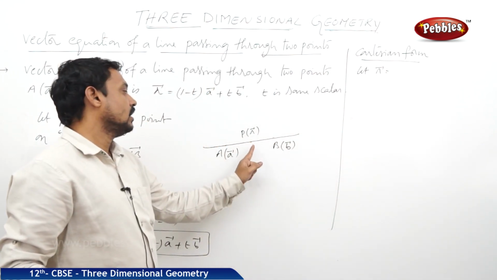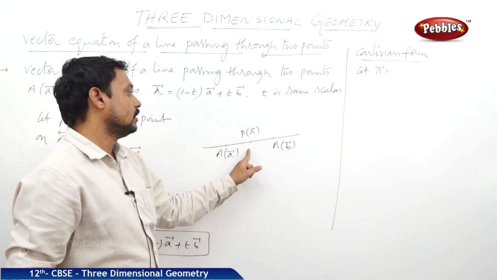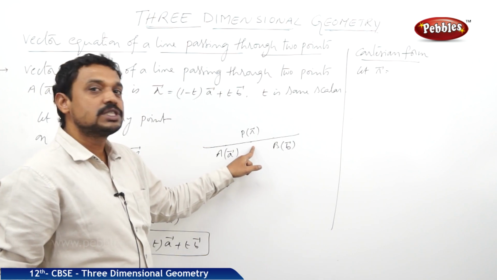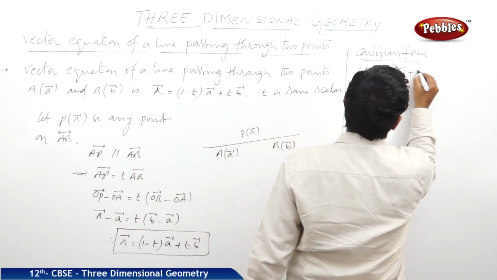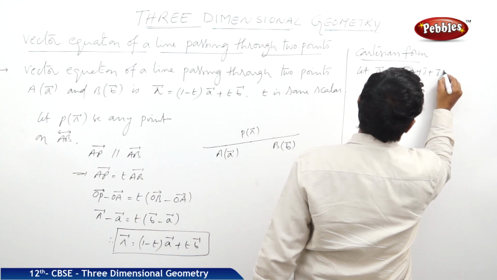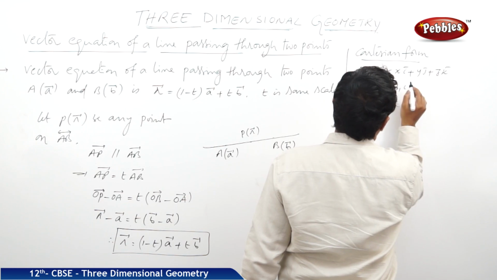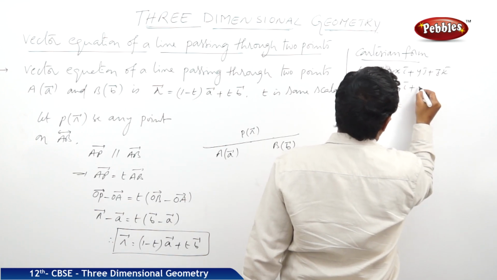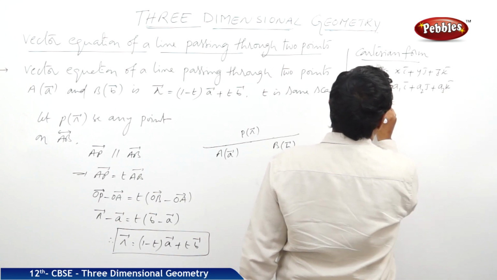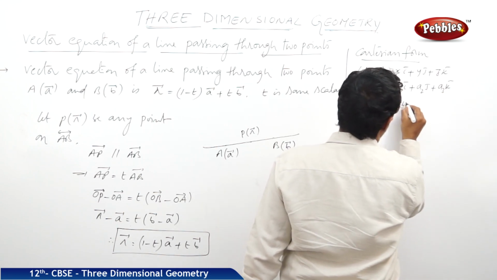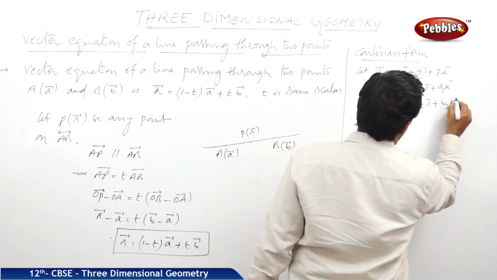It is a general point, a variable point on the line, so you can choose that vector R bar as xi plus yj plus zk, and the A vector as a1i plus a2j plus a3k, and the B vector as b1i plus b2j plus b3k.